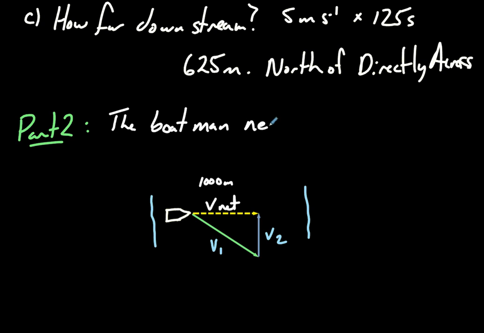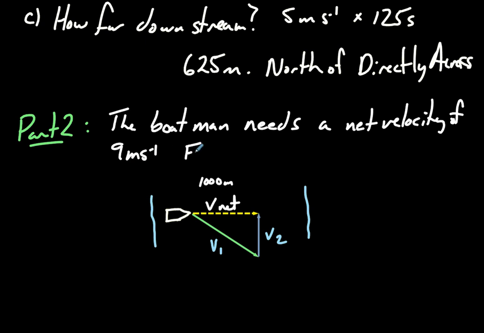And you will be asked something like, the boatman needs a net velocity of, say, 9 meters per second east. What velocity must he row at relative to the shore?